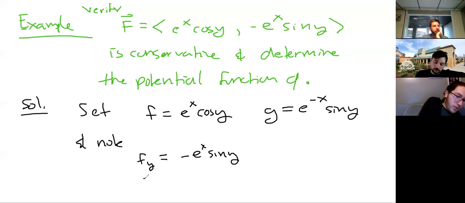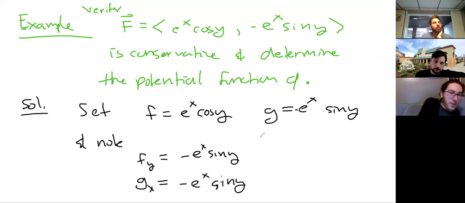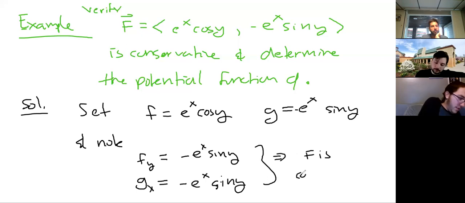The partial of g with respect to x is minus e to the, why did I put a minus sign here? Losing my mind. Check that. I had a typo there, guys. This is just e to the x. The minus sign's actually out front. So if you take these derivatives, this implies F is conservative.